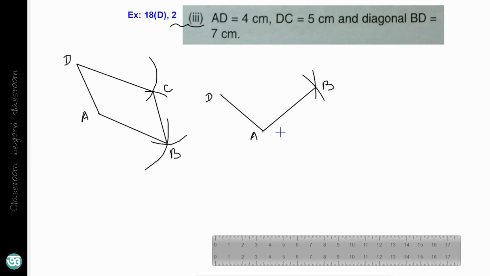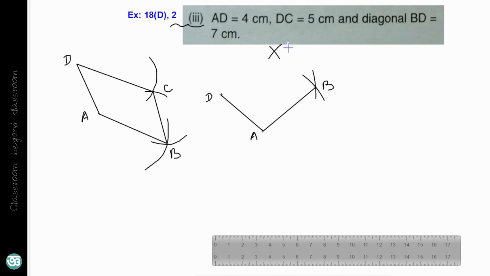Now from point B, we have to go to point C, and BC is equal to AD, and AD is 4 centimeter. So let us take 4 centimeter again, and from point B, draw an arc, and DC is equal to 5 centimeter. We can directly take the distance from here because DC is equal to AB, and we'll cut this arc at this point.